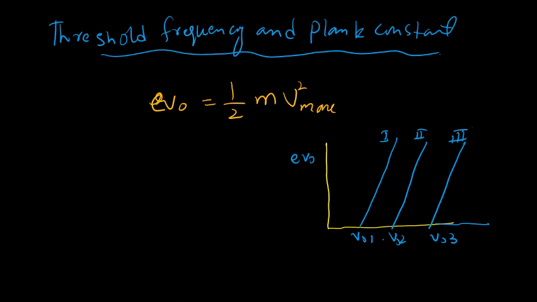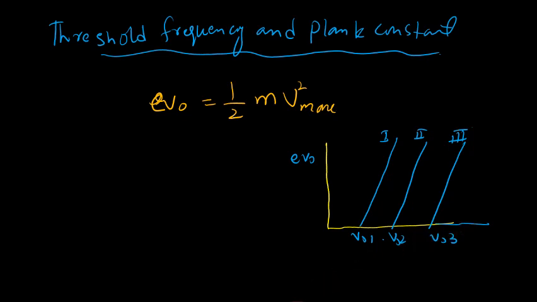This plot shows us that for a given metal, when the frequency increases, the maximum kinetic energy of the emitted electron also increases. It is different for different metals.